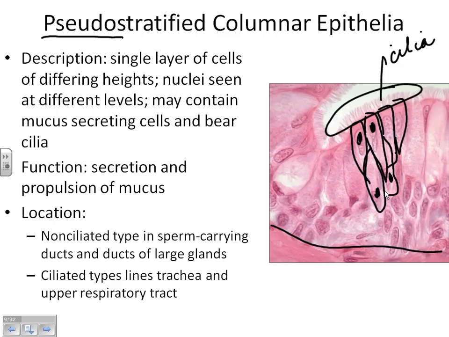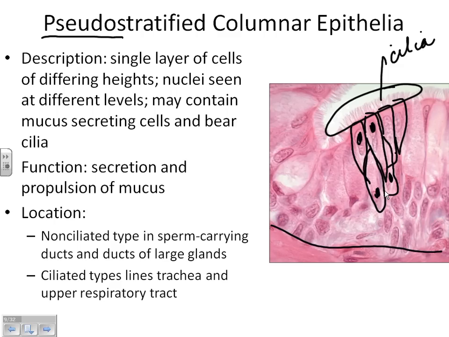Okay? These have one function, to secrete and move mucus. Okay? So they do what the others did, we just talked about, but that's just the only thing they do. So in a lot of the places in your respiratory system, you have this. Okay?